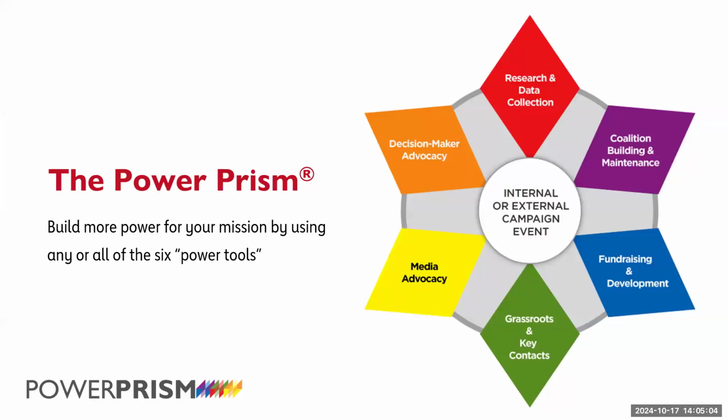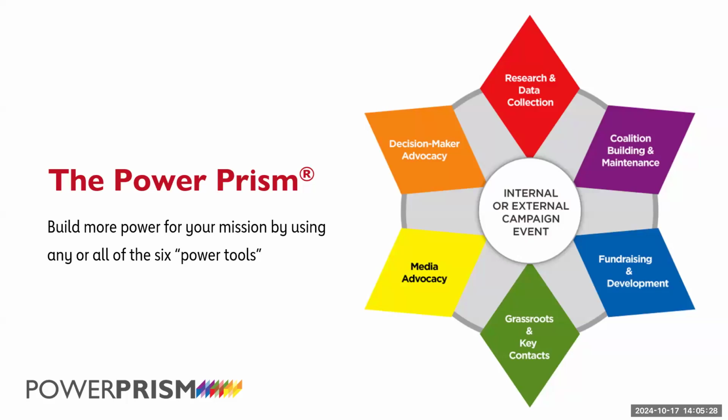All right, so let's dive in. As many of you know, this is the Power Prism, and it's the framework that we love and use at Voices for Healthy Kids. The Power Prism is built on 6 power tools of advocacy that help individuals and organizations convert even the smallest event into a power building opportunity.